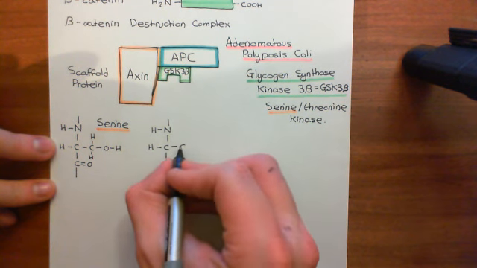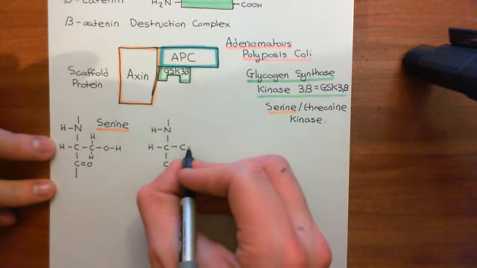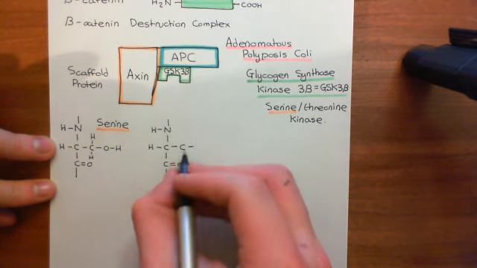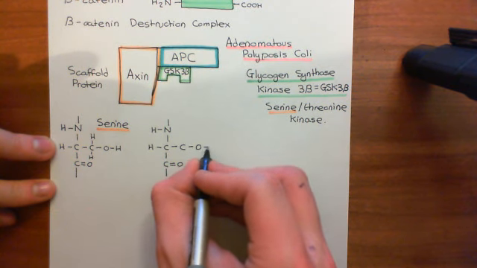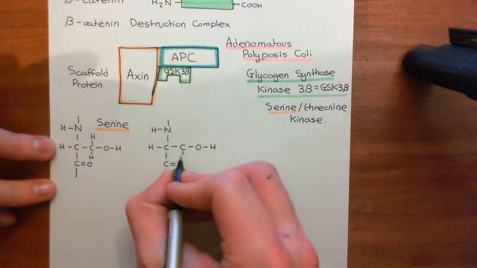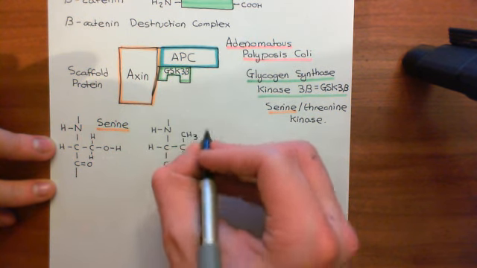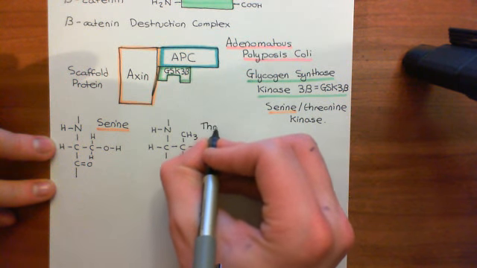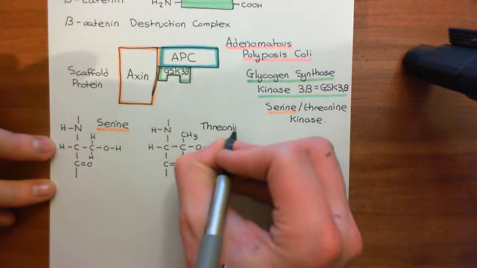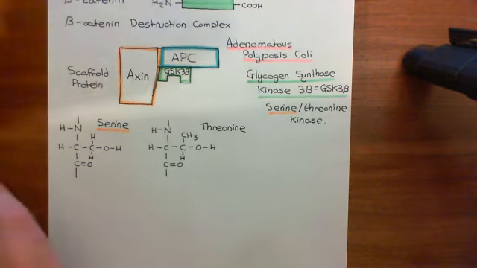Then the R group of a threonine residue consists of a very similar structure to serine. You've got a carbon with an alcohol group coming off it, and this carbon also has a hydrogen coming off it and a methyl group coming off it. And this then is the structure of a threonine amino acid residue.